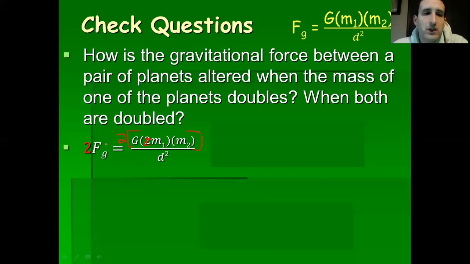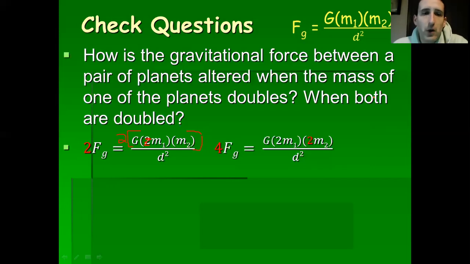So that means we can take our original answer, which is our original force, and multiply it by 2, and that's going to be our answer. If we double the mass of one planet, that would increase our answer by a factor of 2, which might seem a little elementary, but as we do some more, you'll see it's not always quite that simple.